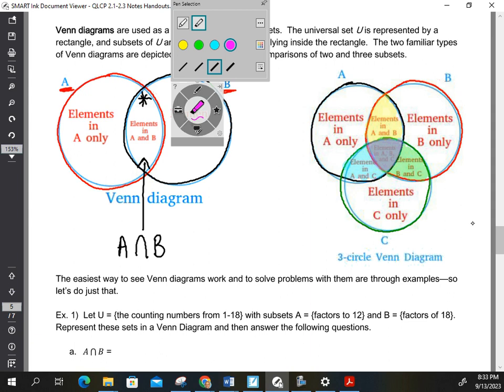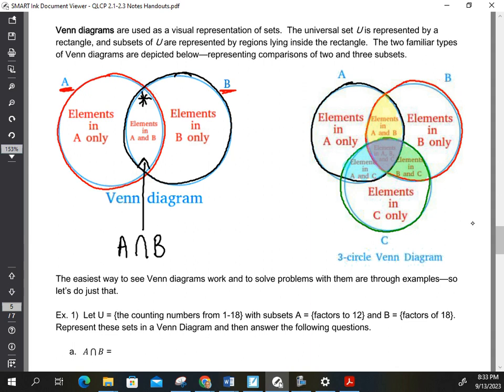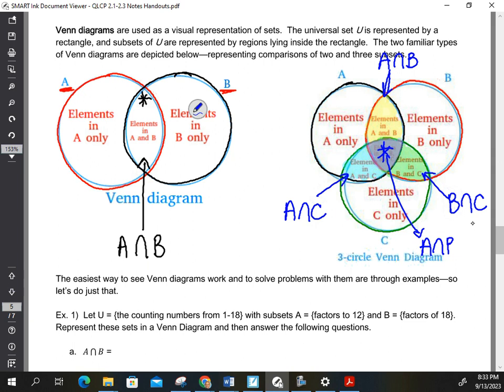If we're using our symbols, A and B together is A intersect B. B and C together is B intersect C. A and C together is A intersect C. This part that has all 3 together is A intersect B intersect C. You write all 3 of them together.